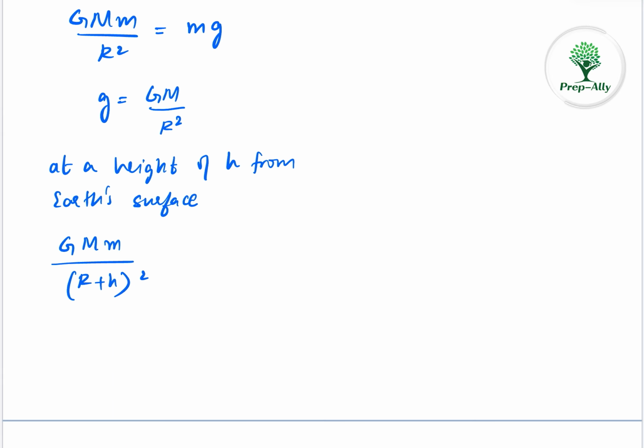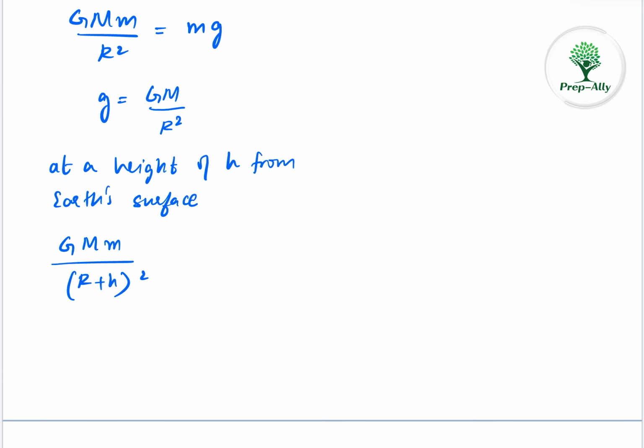That value is now going to be m. Now at that altitude, the value is g by 2. So directly I am substituting it. This m anyway gets cancelled. So here we get GM by r plus h whole square is half of g.